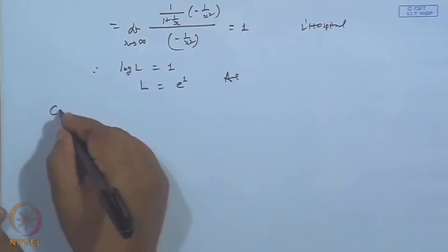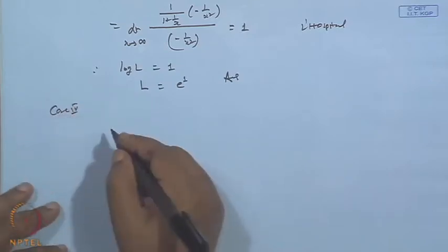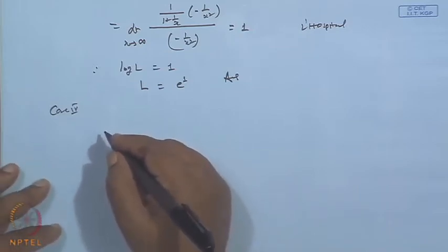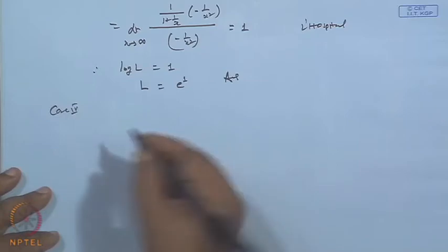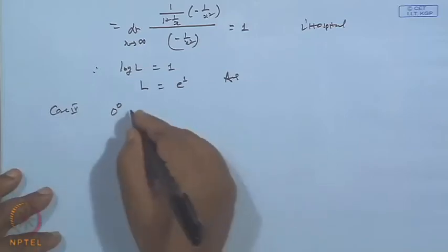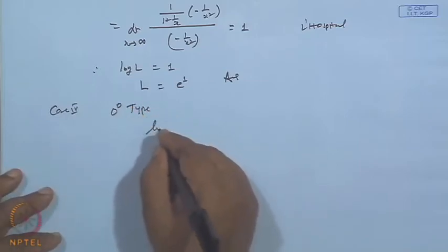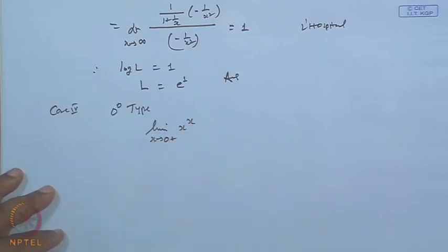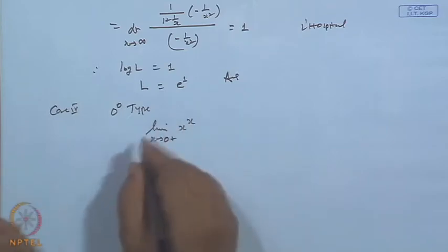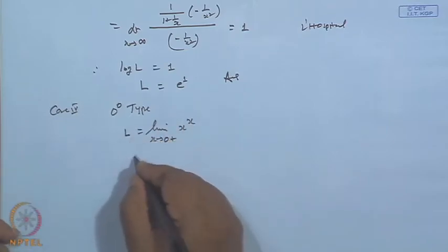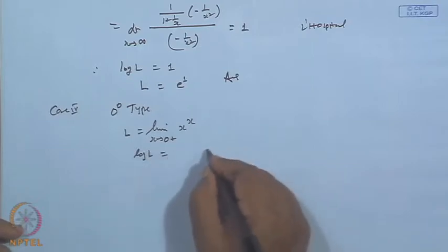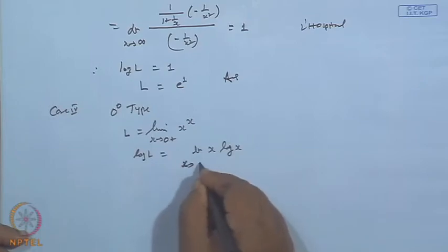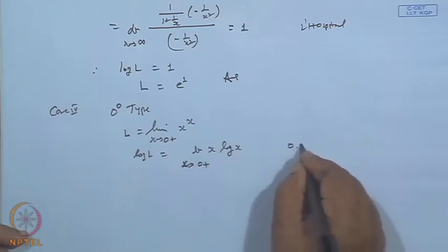Then the next case is when it is of the form 0 to the power 0 type. So, for example, if we take the limit of x to the power x when x tends to 0 plus, it is 0 to the power 0. Again in this case take the log, and when you take the log, this problem is reduced to the case when it is 0 into infinity type.